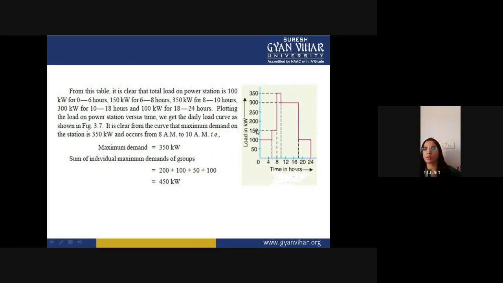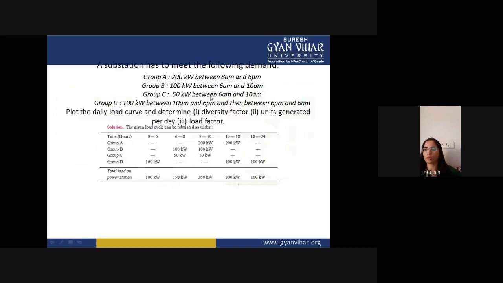Next, 6 a.m. to 10 a.m. you required 150 kilowatt.